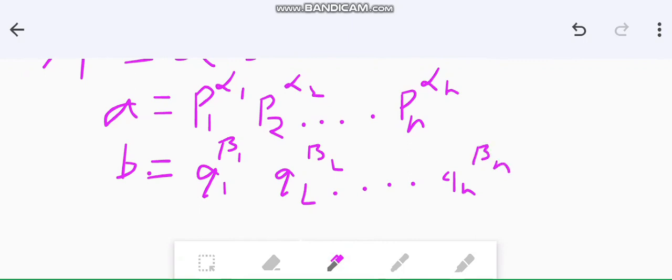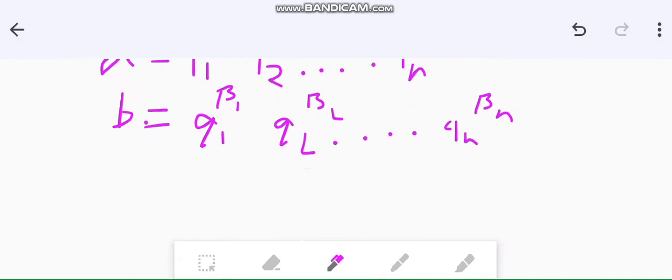Oh sorry, I have to write the powers as beta. You would probably be confused with the alpha 1, alpha 2. There can also be the possibility that p1 alpha 1 is multiplied with another integer, and it could have several primes. So in that way it will go on, and at last it will be in this form only: p1 alpha 1, p2 alpha 2, and so on up to pn to the power alpha n.